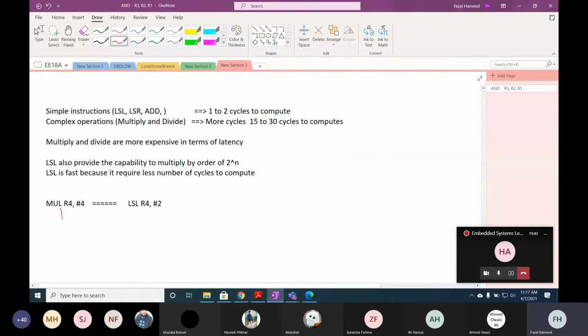So if you look at the left instruction, how many cycles does it take? More cycles. And the other takes less number of cycles. So which one is efficient, the left one or the right one?